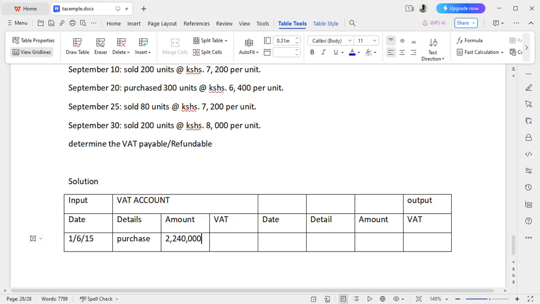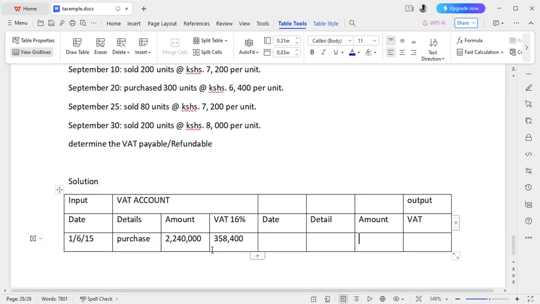Our tax percentage here is 16%, our standard rate. So 16% is times 0.16. So you get 358,400.